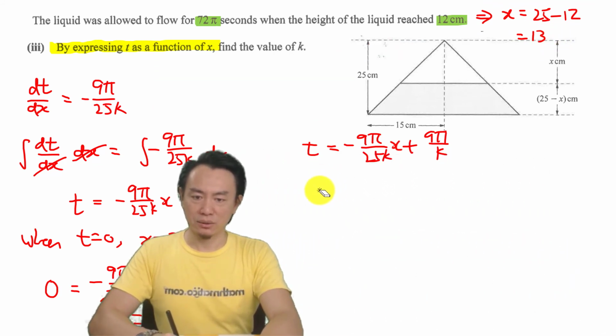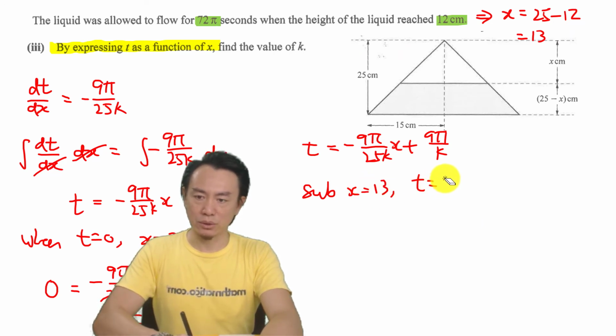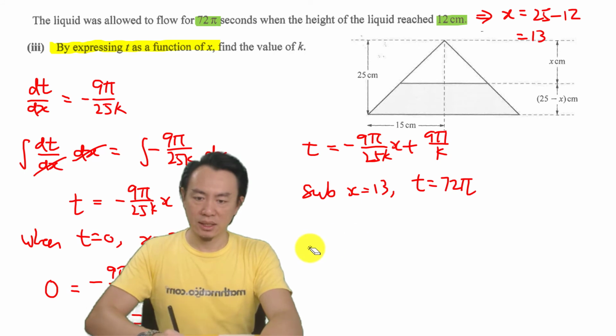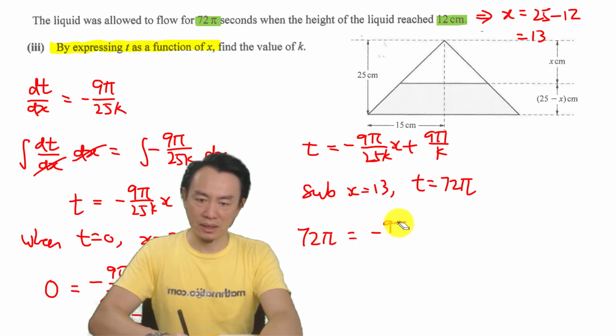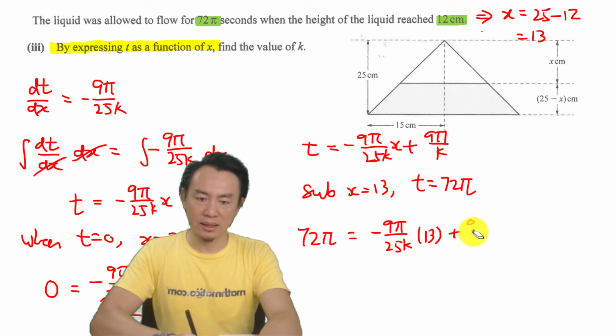So we sub that in, sub x equals 13, t equals 72 pi. 72 pi is equal to negative 9 pi over 25k times 13 plus 9 pi over k.